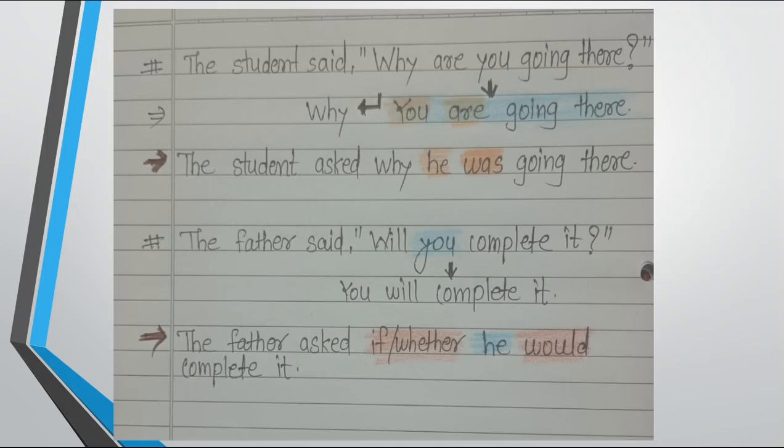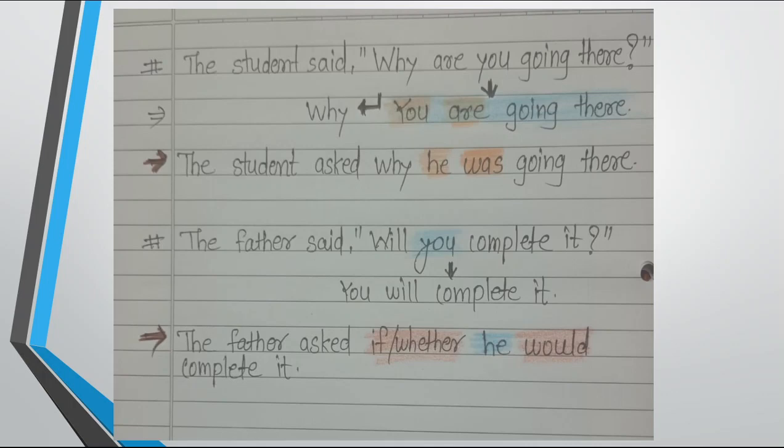But if you use they, then was will convert into were. So, why he was going there, with a full stop, not a question mark. Here a full stop must be used.